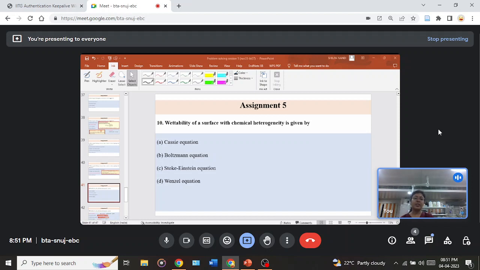Again, a question can be asked here that wettability of a surface with physical heterogeneity is given by which of the equations? Can you tell me which among the following can give the wettability of a surface with regards to physical heterogeneity and not chemical? Can you tell me?